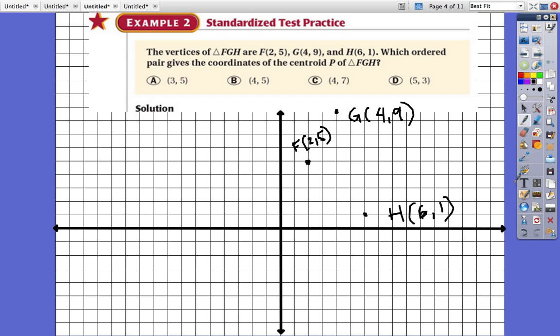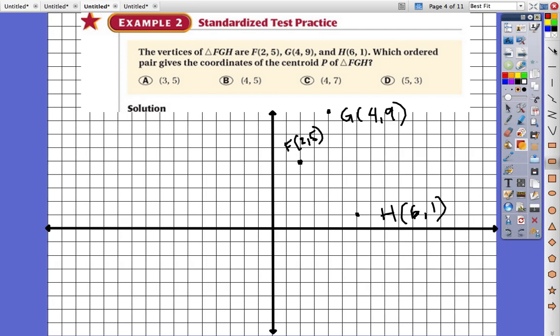Okay. Now let's connect the sides of that triangle. You can be graphing this triangle in your own notes as well for extra practice.